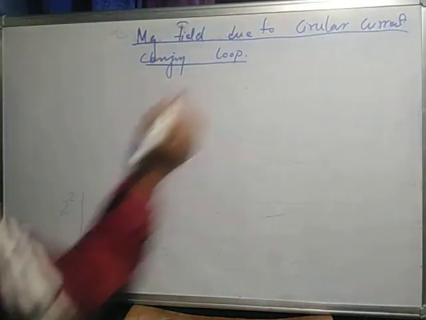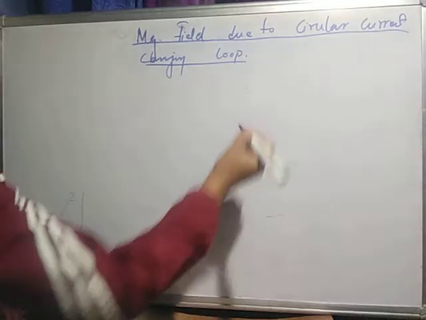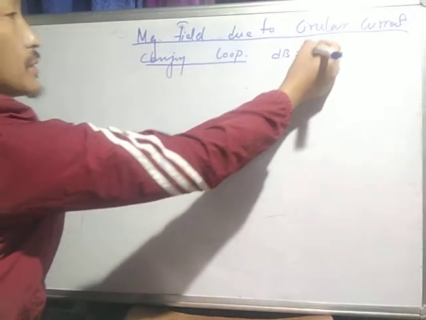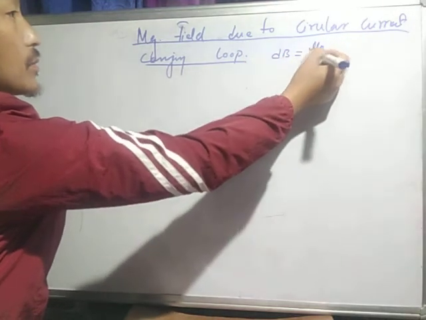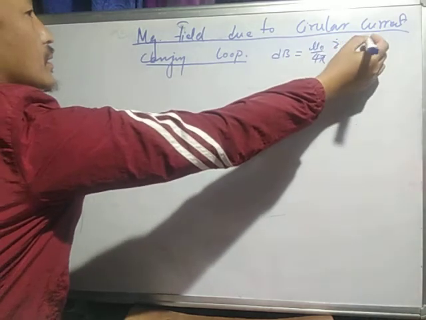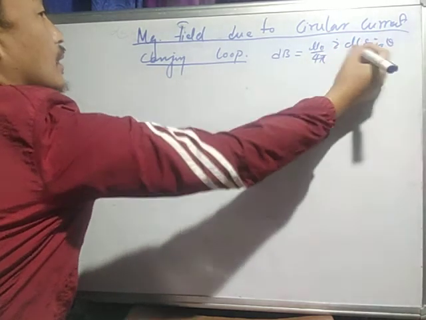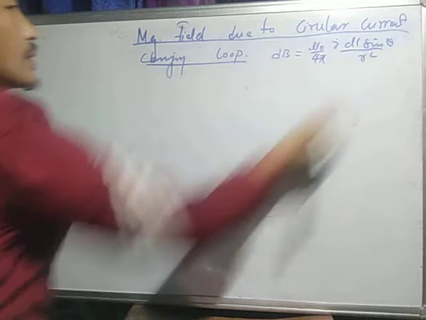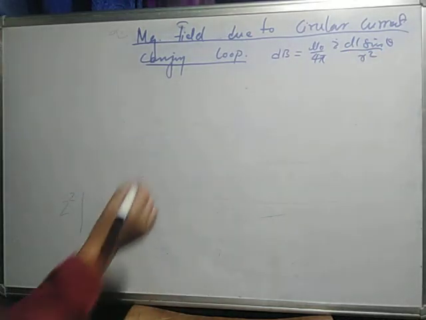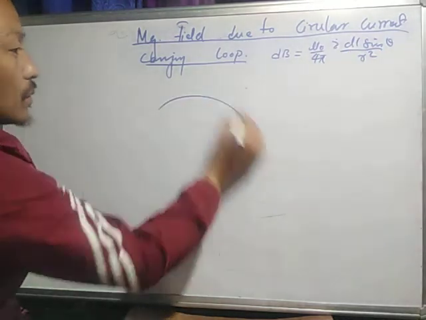So we know the Biot-Savart law, isn't it? See this one. Small magnetic field equals to how much? Mu naught by 4 pi I dl sine theta by r square, right? So today we will start circular, right?